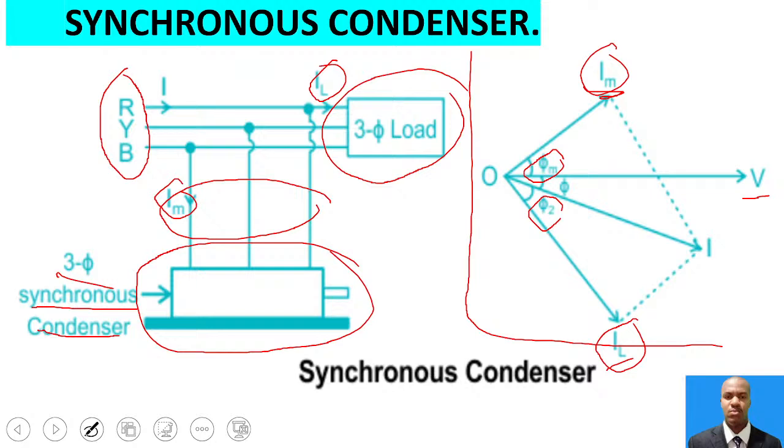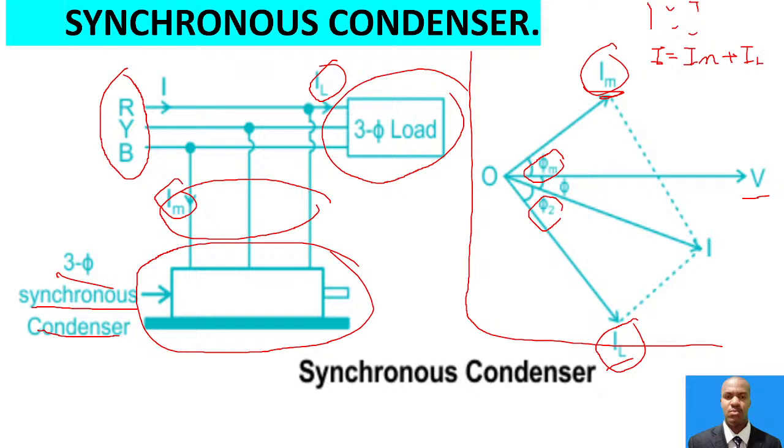So current I is equal to our current Im plus the phasor current IL.